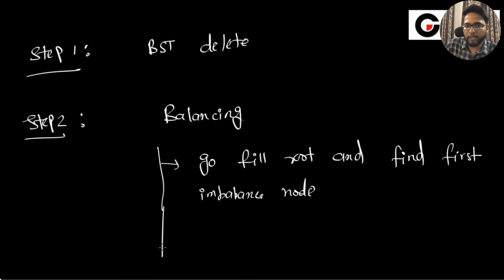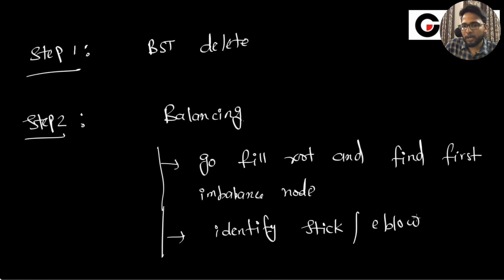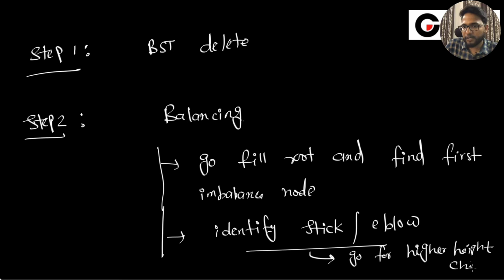And now from here, identify stick or elbow. Now this is a bit tricky. So from here to choose this, I will go for the higher height child.